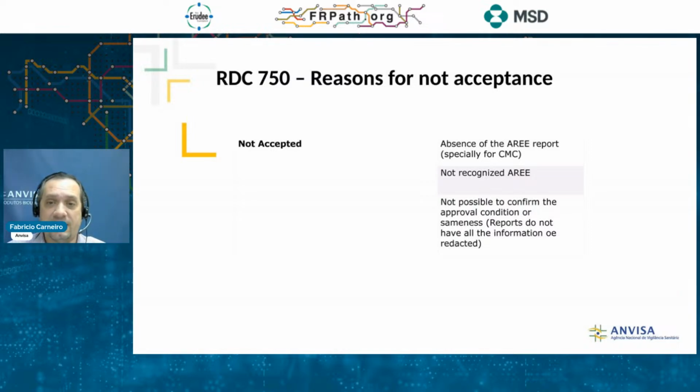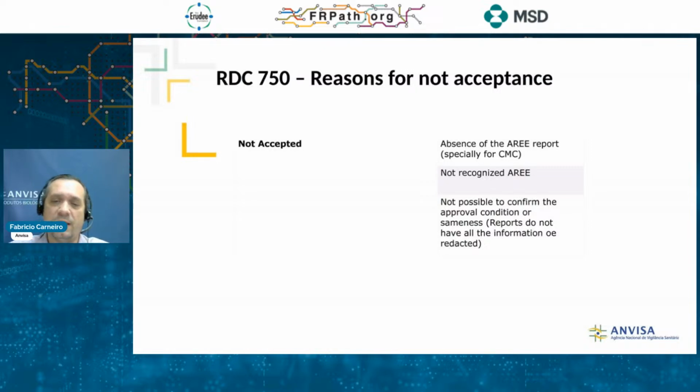regulation for Reliance in Brazil. Regarding the usage of not recognized reference authorities, we try to increase the number in the regulation, and we are in a continuous evolution process to include more agencies, considering the necessity of some agreements and memoranda of understanding, and documentation exchange, to include a new reference authority to be using the Reliance procedure.